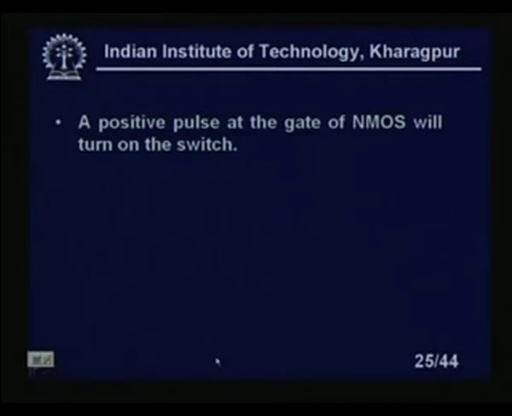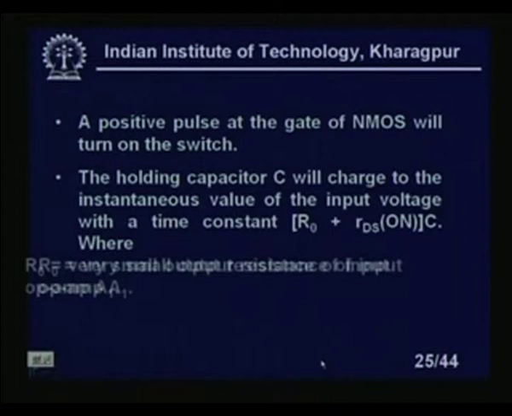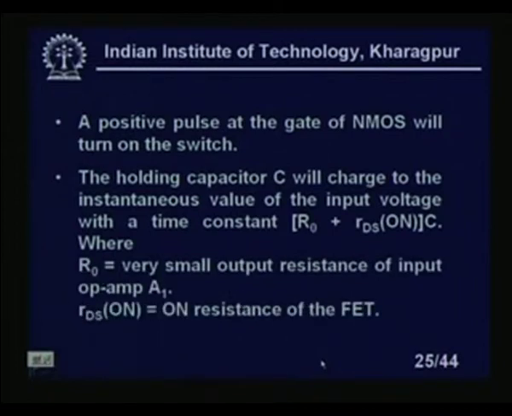Now, if I assume it is an NMOS, I have to give a positive pulse, positive signal or control voltage at the gate. If I use a PMOS, I have to give a negative signal at the gate. The holding capacitor C will charge to the instantaneous value of the input voltage with a time constant of (R0 plus RDS on) multiplied by C. The time constant basically means R into C. Here R0 is very small, the output resistance of the input op amp A1, since this op amp has a very low output impedance, and RDS on is the on resistance of the MOSFET.